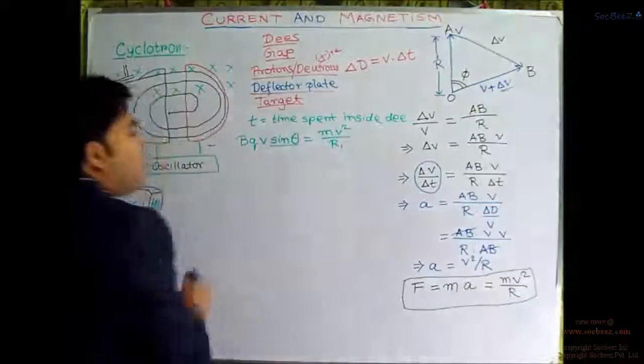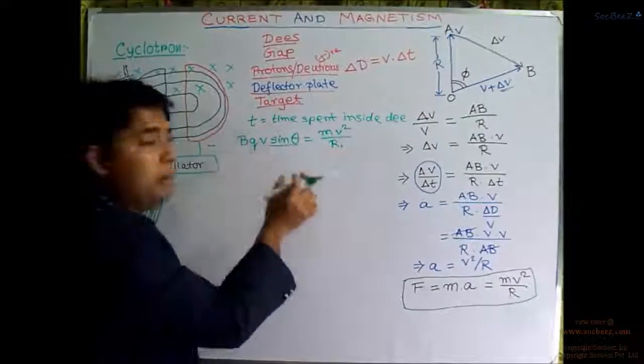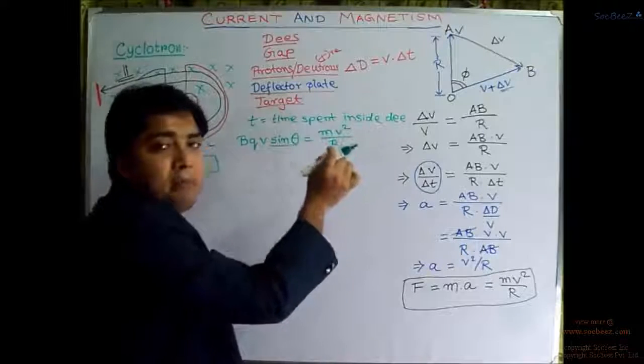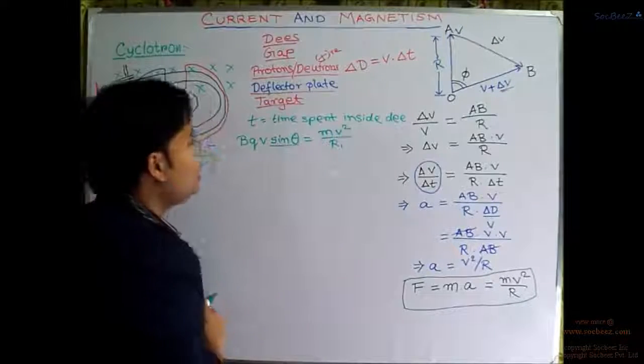So we can say over here that BQV now will be equal to mv square divided by r, right?